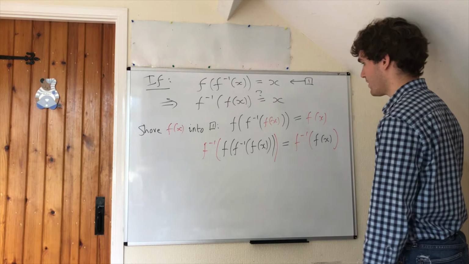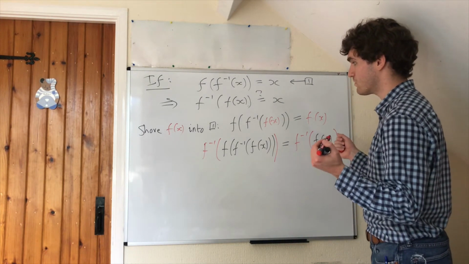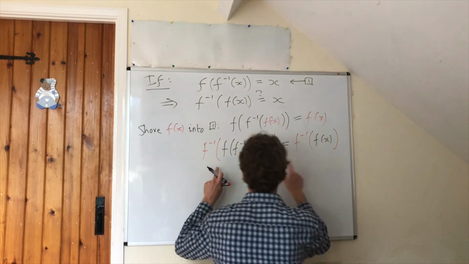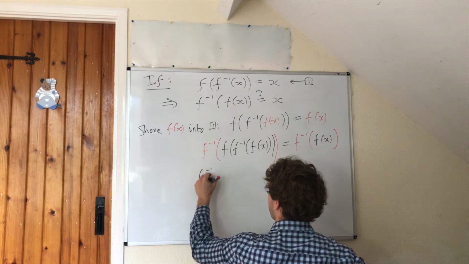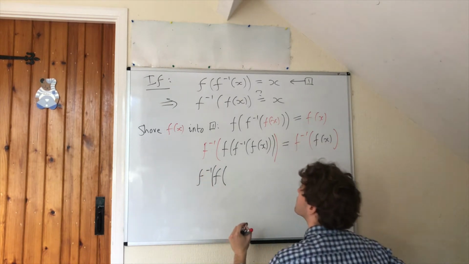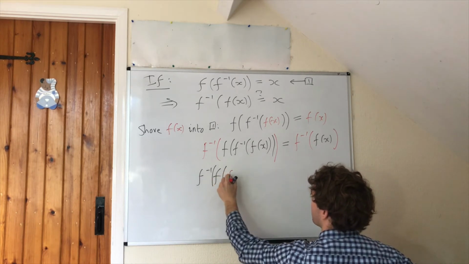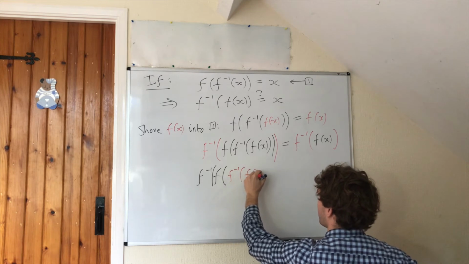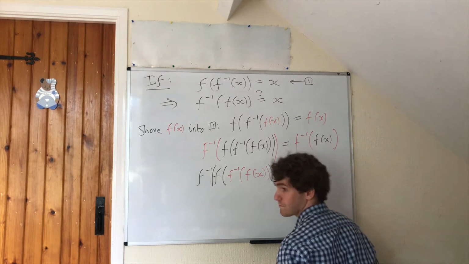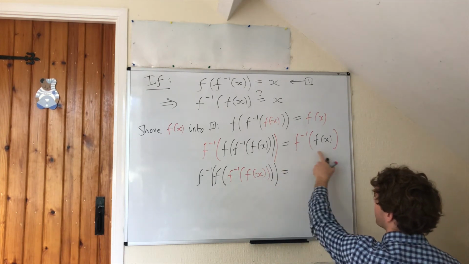Okay, now I'm going to rewrite this in a way which may make the solution look more obvious. So now we have here f inverse of f of this thing here. So we have f inverse of f of x is equal to, well, now we have f inverse of f of x.